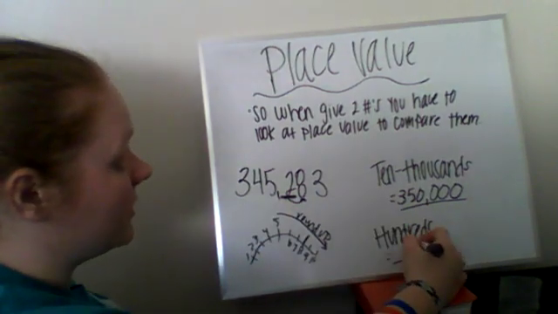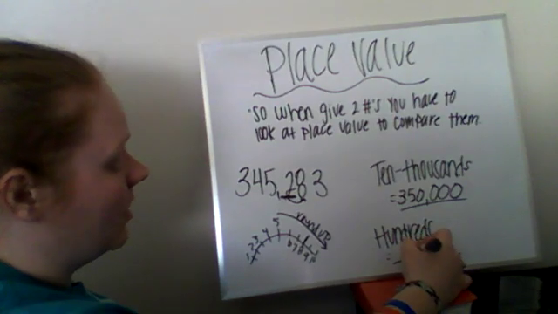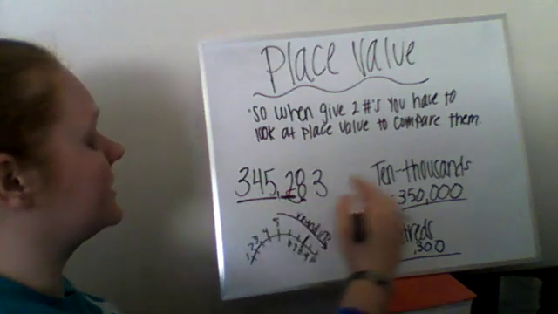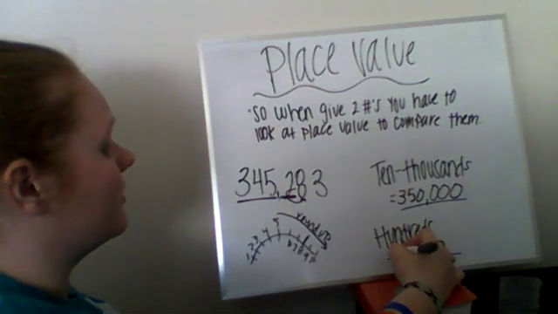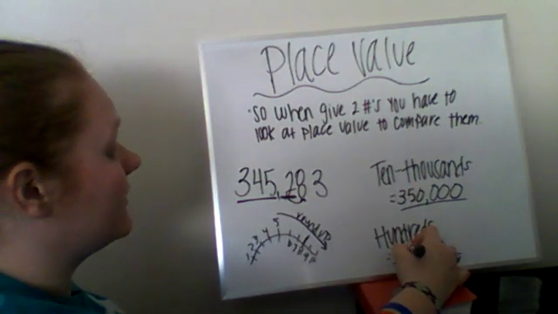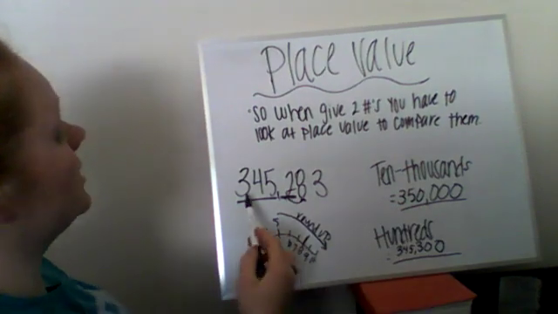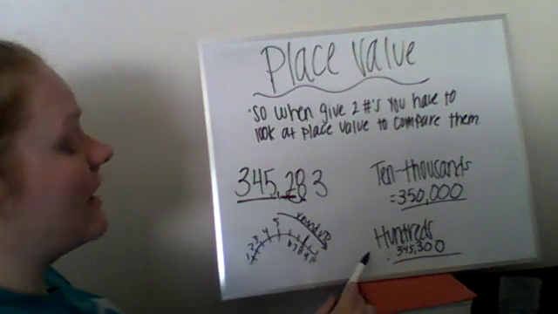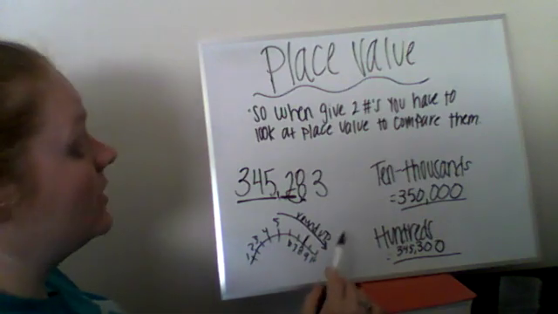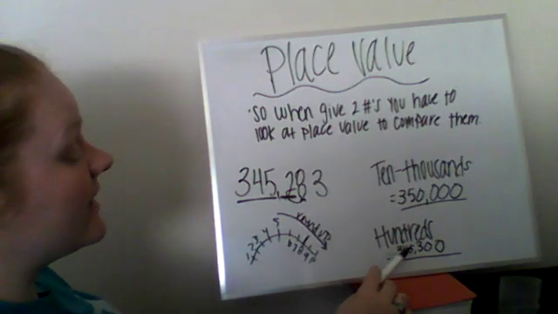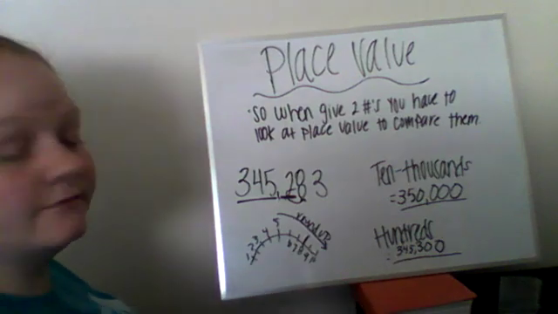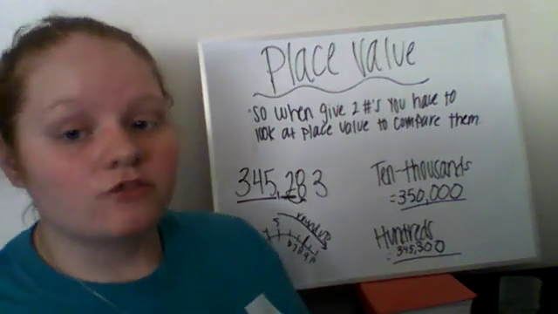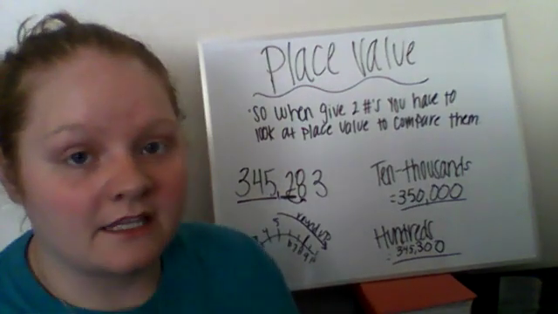So I'm going to bring my 3 over here, put my comma, and then these numbers right here are going to stay the same. So I'm just going to bring them over. 345,000. So 345,283 rounded to the hundreds place value is 345,300.